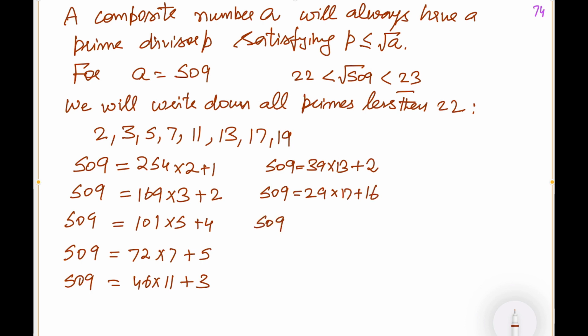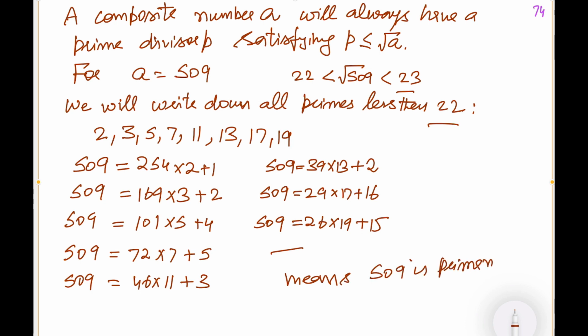When we divide 509 by 19, we get 26 quotient and 15 remainder. So we see none of the primes less than 22 divides 509. Means 509 is a prime number.